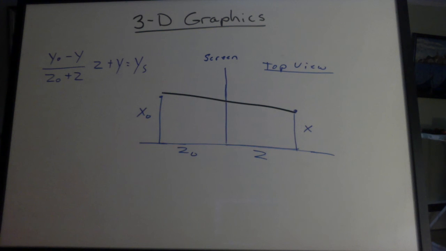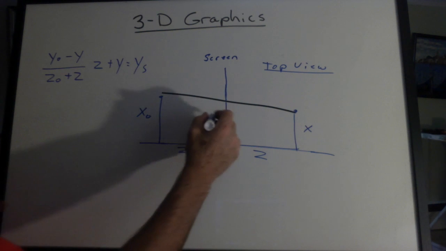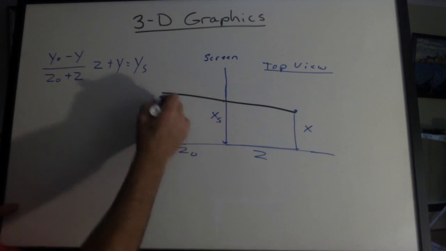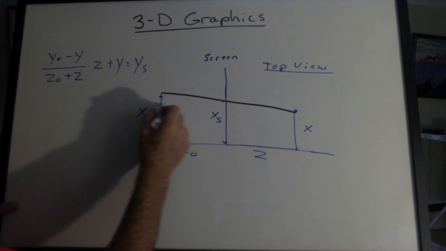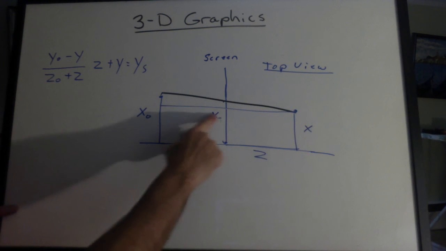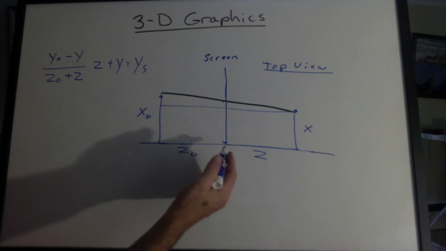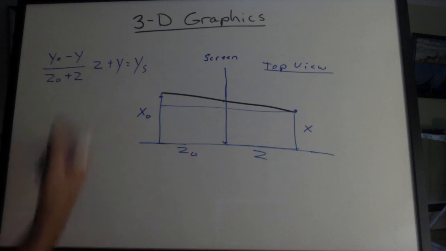How are you going to find out what the value of this is going to be, xs, from here to here? Again, we're going to do the similar triangle. Well, you can see that it's all the exact same geometry. Just change the letters.